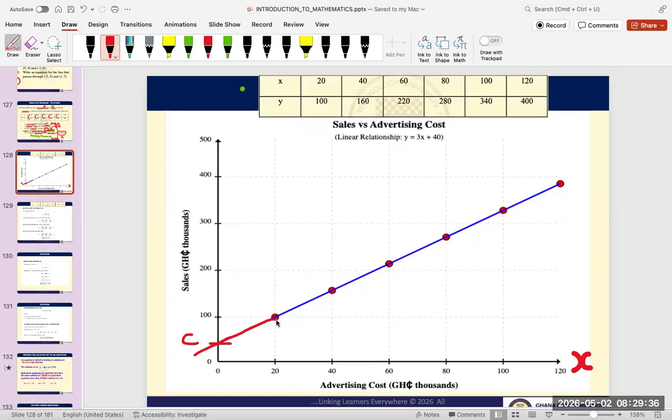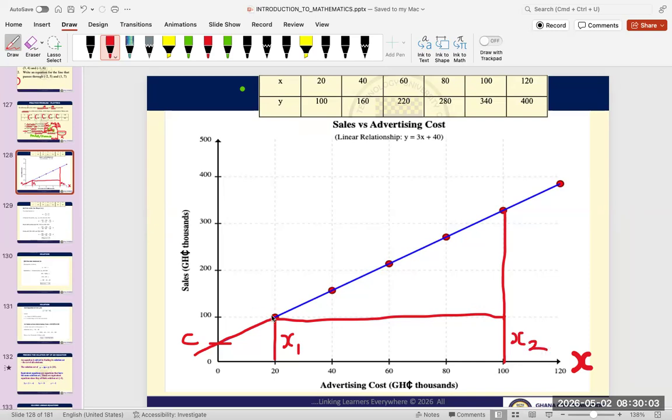And then your change in X, you could pick 2 points. Change in X, and then this can be your change in Y. So you can decide that you are making this one your X1, and then you make this one your X2.